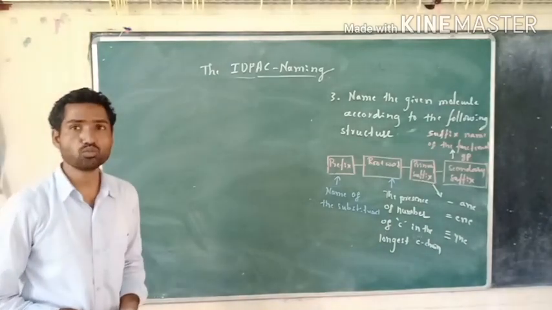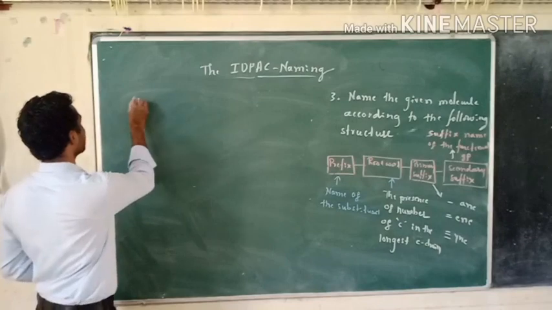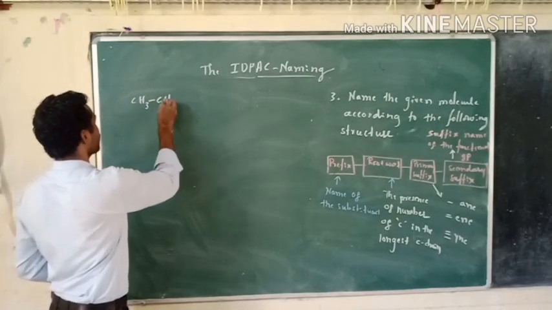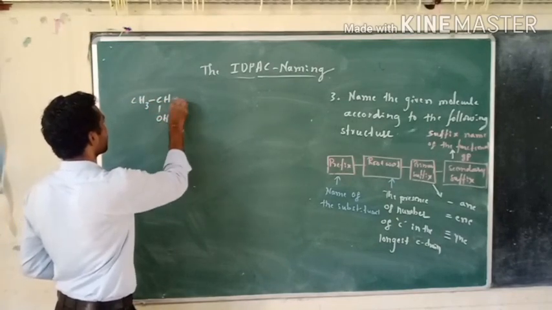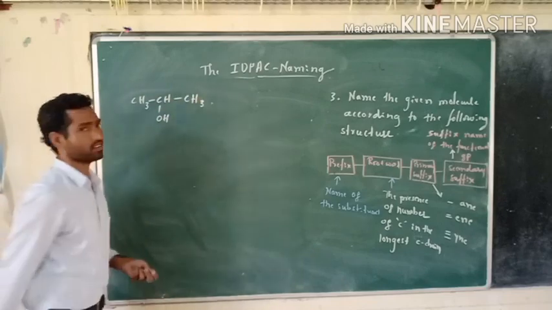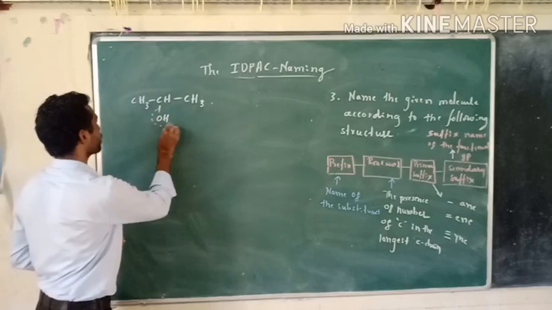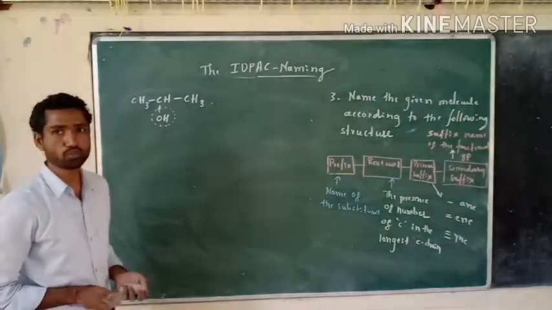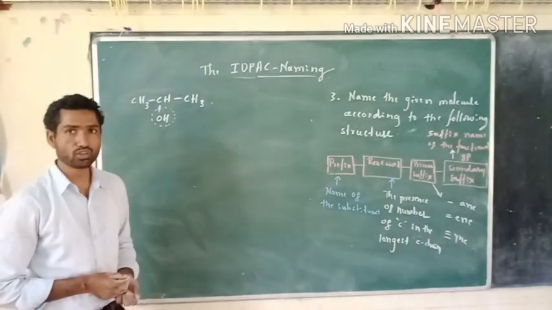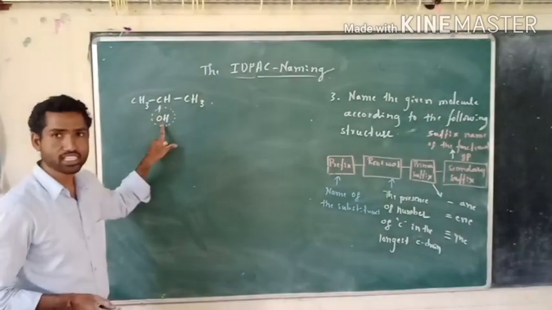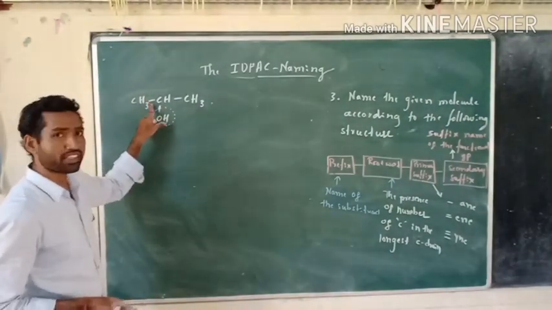Let us take one more example. CH3, CHOH, CH3. Here in this molecule, OH is the functional group. Therefore, we have to write the secondary suffix for this. First rule is to identify the longest carbon chain.